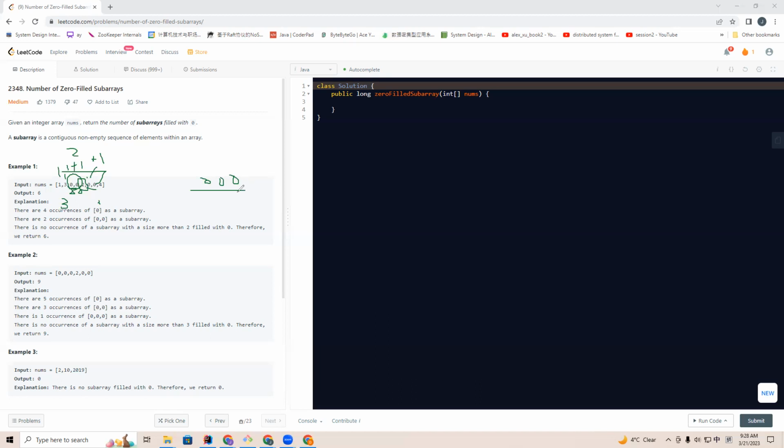The subarray which is 3 consecutive zeros, that is 1, with 2 consecutive, that is 2, with just 1 single 0, that is 3, right? So if 3 consecutive, that is 1 plus 2 plus 3, and 2 consecutive, we find that it's 1 plus 2, right? And if 1 consecutive, that's 1.